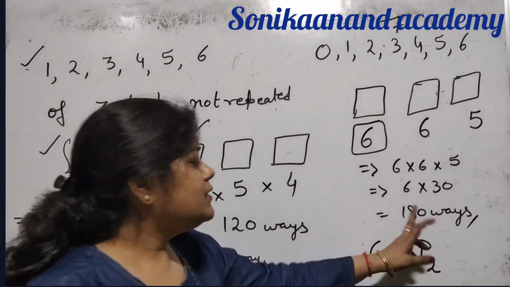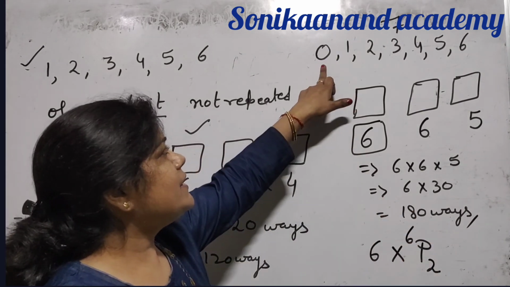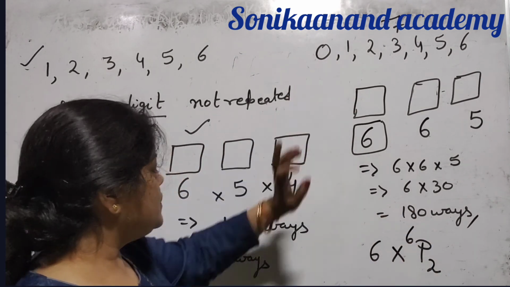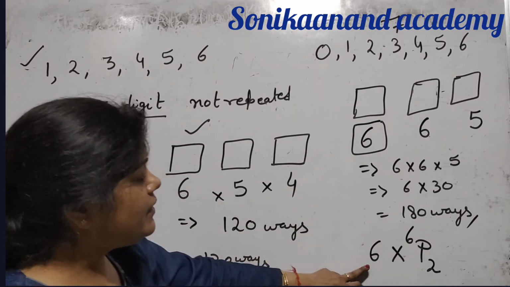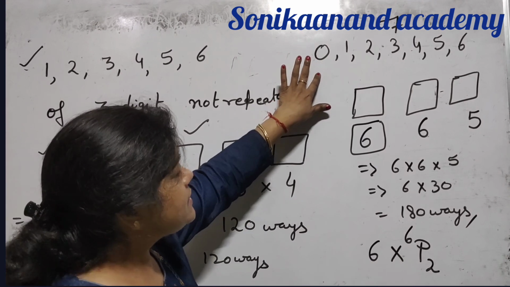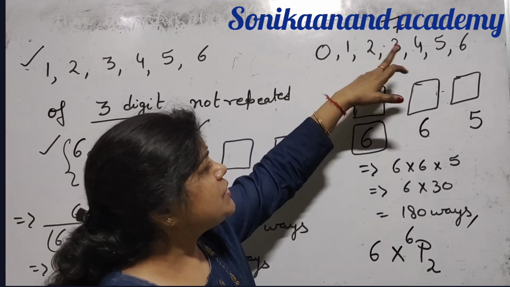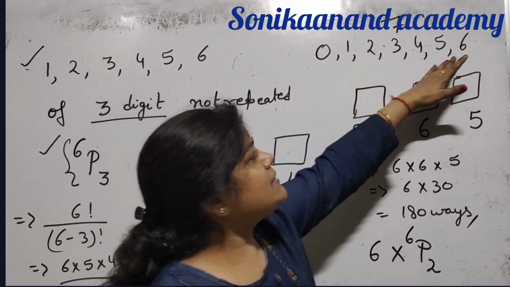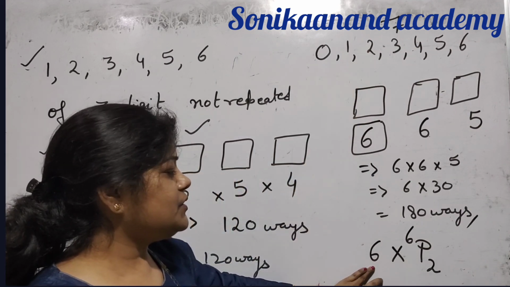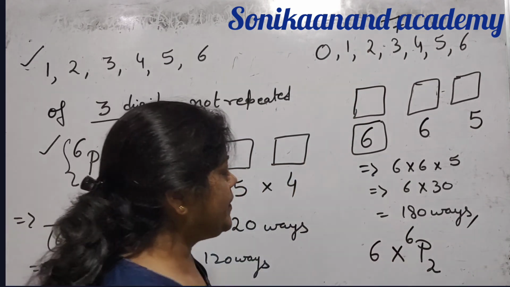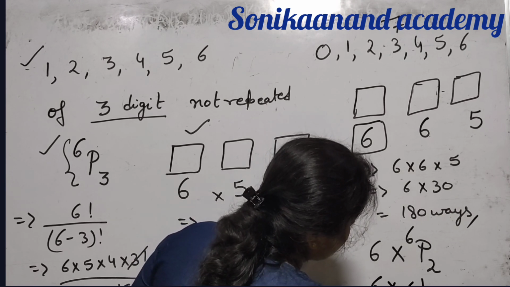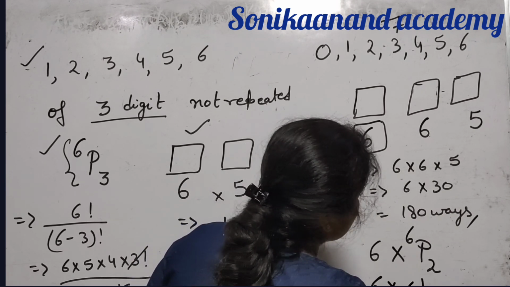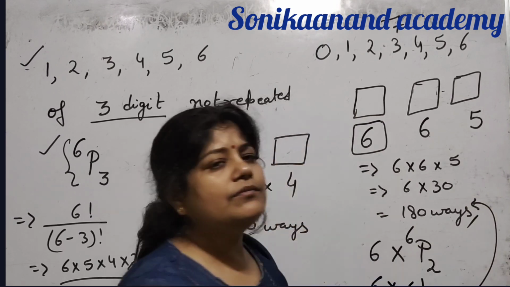In this way, this formula is applied when we have 0 included. Here we have 6P3 only, but we just exclude 0 from the first place. There are 6 choices for that place, so we multiply by 6 and 6P2. When we solve this, we get factorial 6 over factorial 4, and ultimately you get the same answer.